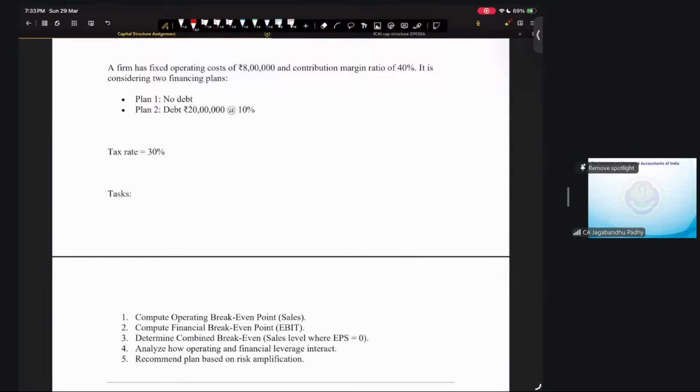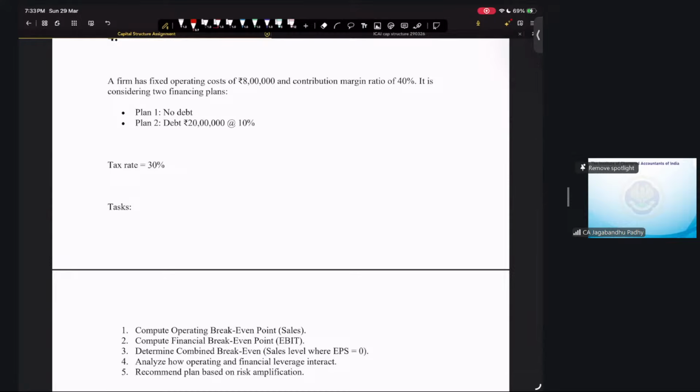Okay, are we done? What's the operating break-even point, guys? Break-even point is computed as fixed cost upon PV ratio, which is 8 lakh upon 40%.